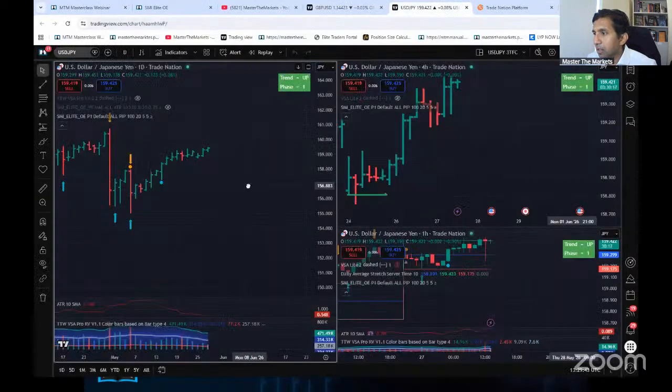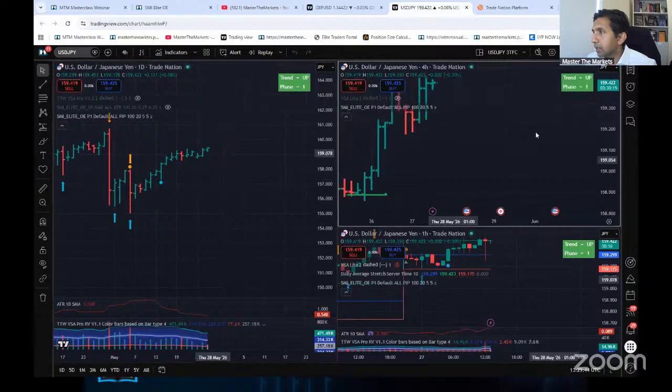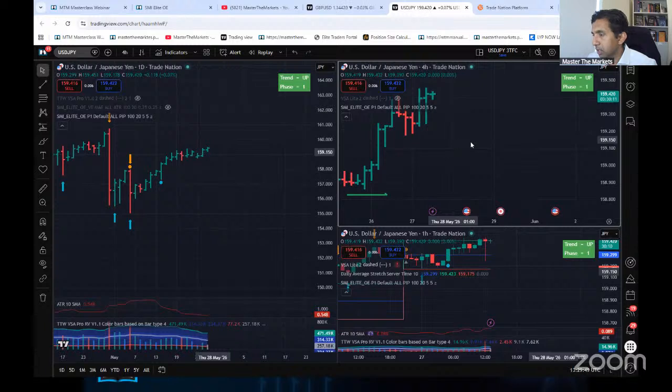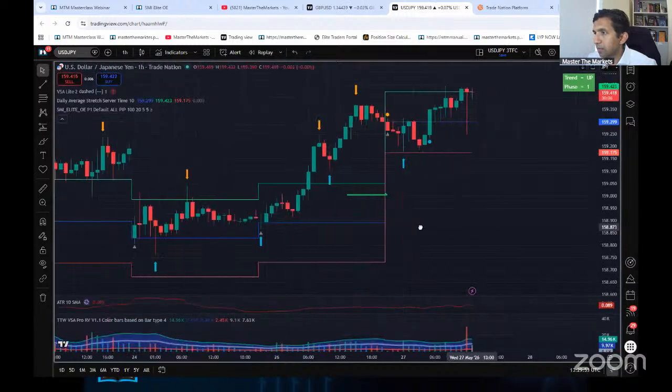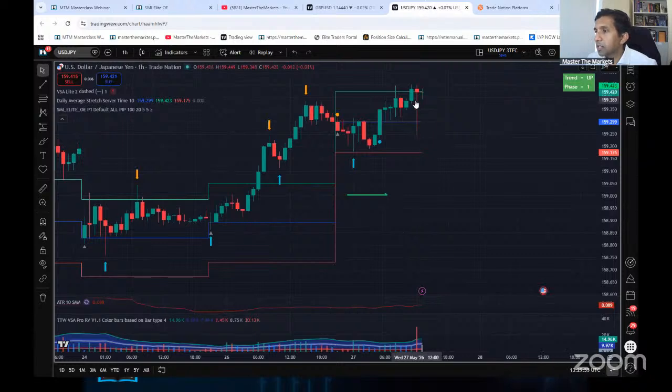Dollar yen, I'm just going to take a sneak peek. And this is aligning towards all the higher time frames, the 4-hour, the 1-hour, and I've got that towards the 15-minute as well. Big spike, nice one here. This is a pin bar here, isn't it? The big volume spike.